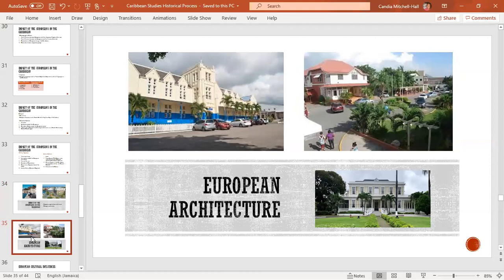Downtown Kingston. Most of you might not even know that it's European design, but for anyone familiar with the space, it's a very beautiful space, right?